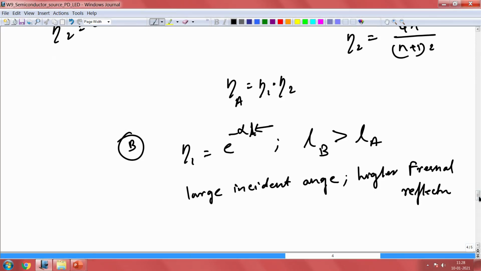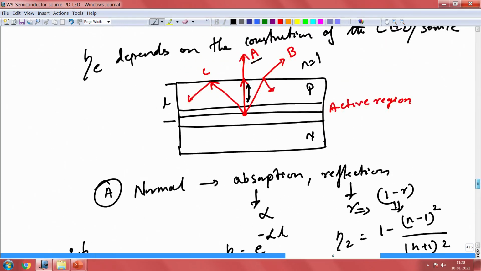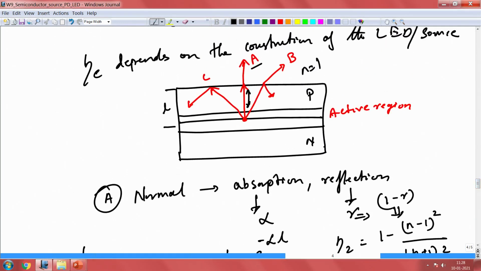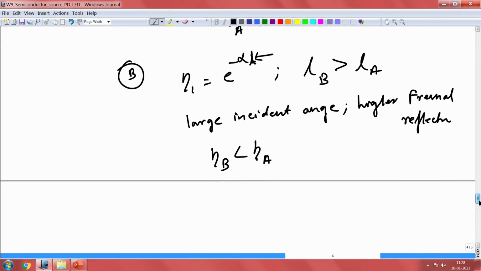So, that means eta 2 is also going to be larger. Okay. So, as a result, eta B will be less than eta A. So, it is better to have a vertical emission, while the rays that are going in the direction of B are going to suffer higher loss, because of both reflection and absorption.